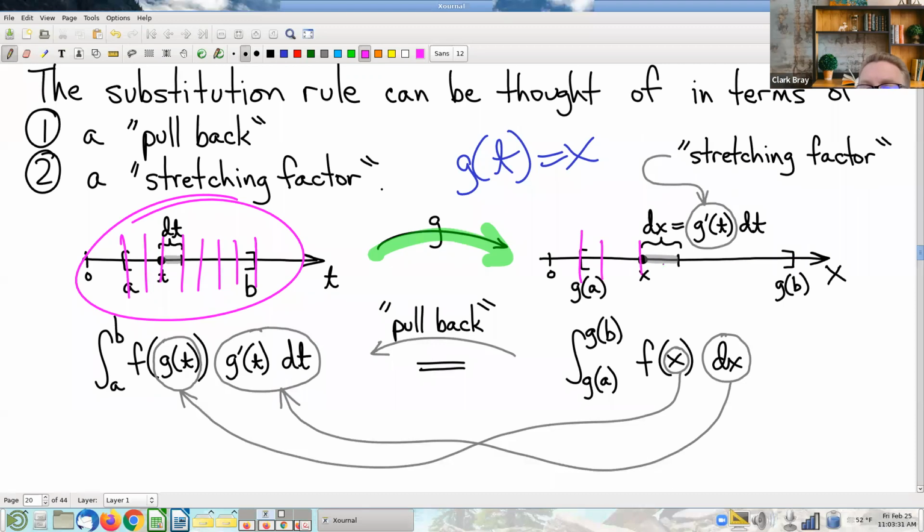It does it in a kind of weird non-linear way, perhaps, because this g function could be all kinds of weird. It could be trigonometry or polynomial or whatever. So I won't get an even slicing, but nevertheless, I do get a slicing of the x-axis.